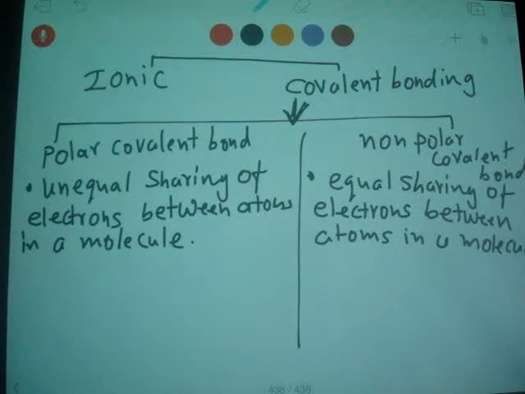I'll draw a little structure and show you how they differ. How can you tell one is polar and one is non-polar?